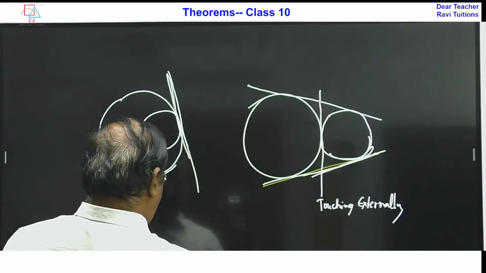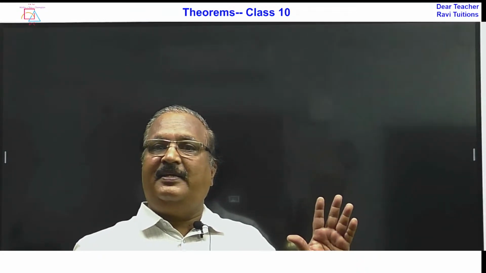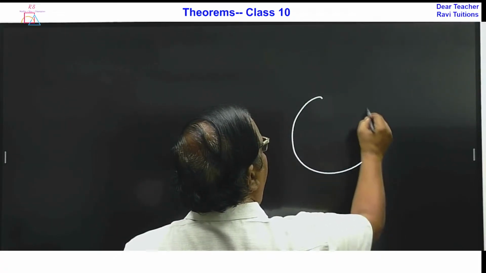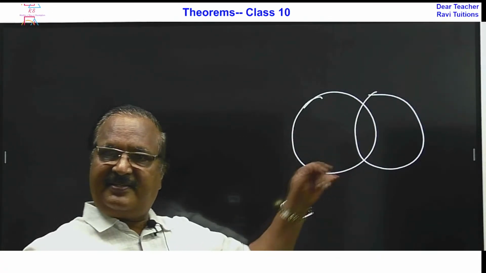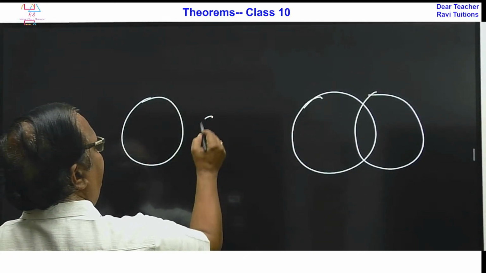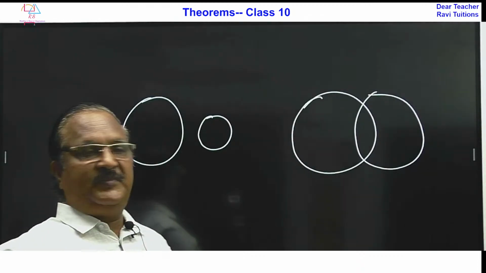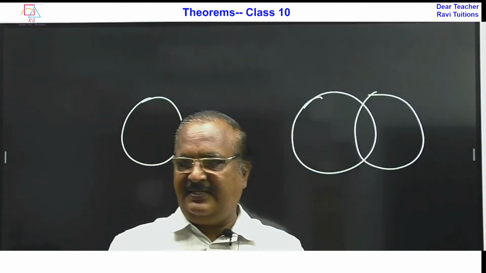So then what else? Here two circles are touching internally or externally. Now two circles are intersecting. These are intersecting circles, and these are non-intersecting circles. Okay.